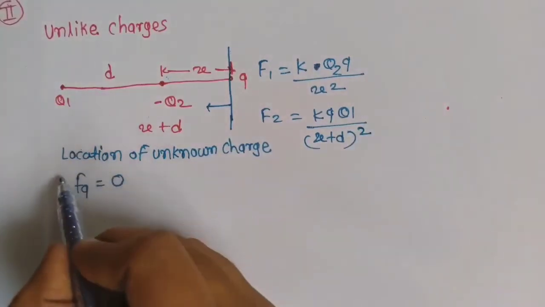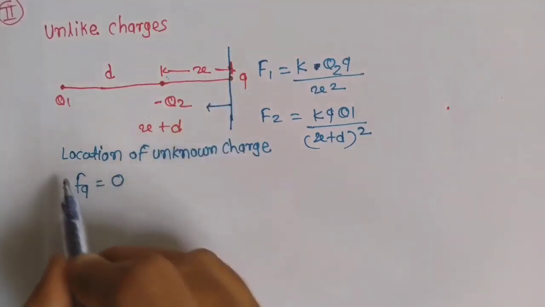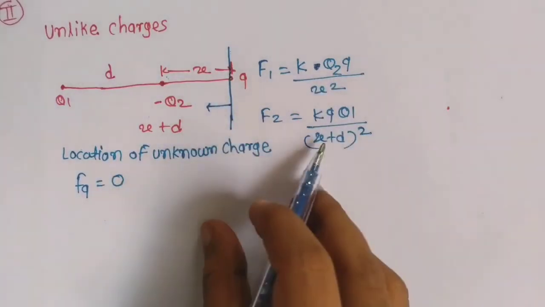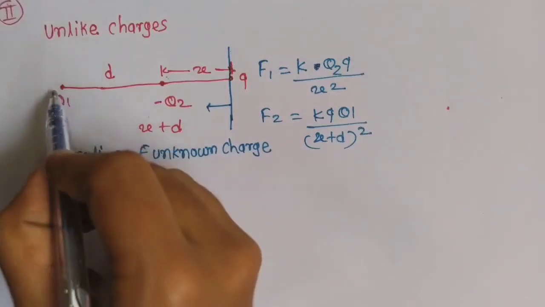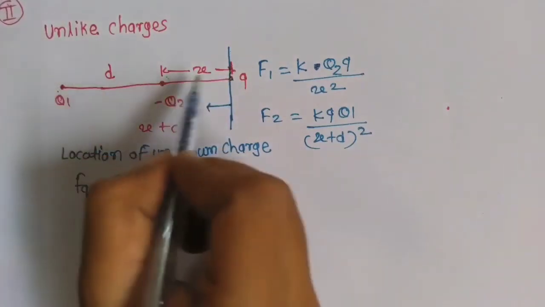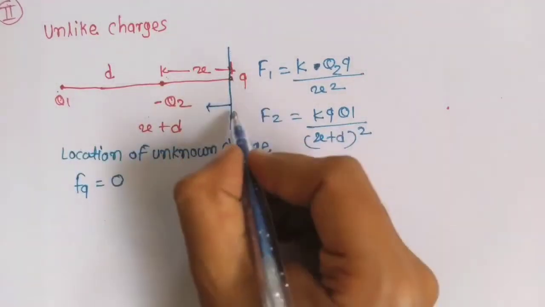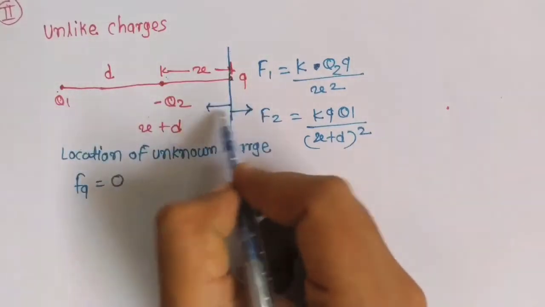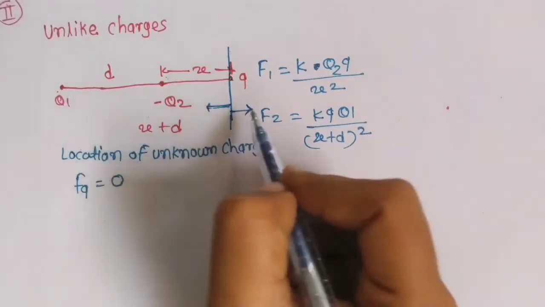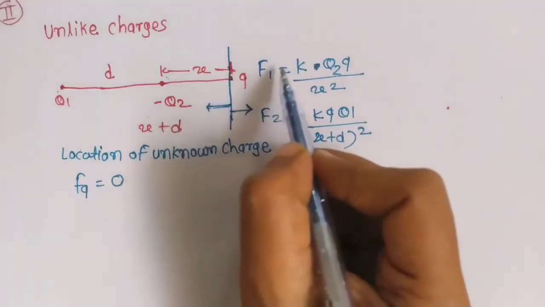We consider the net force on this unknown charge to be 0. One thing is that both are positive, so they repel each other and the direction of the force is away from the charge Q1. So both arrows are in opposite directions. F1 is in the left hand direction.